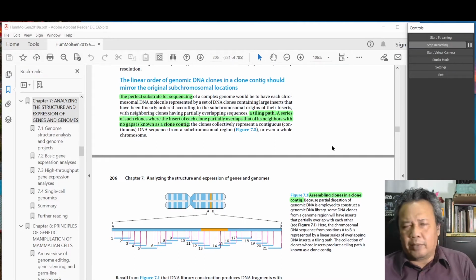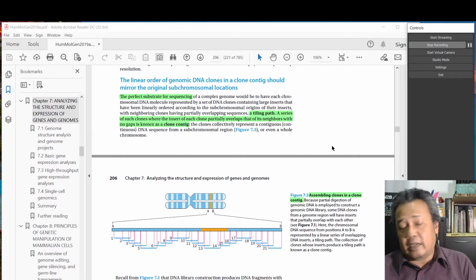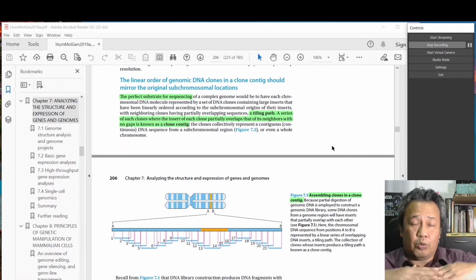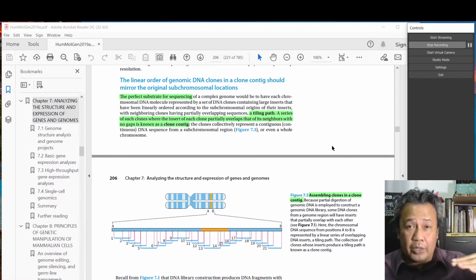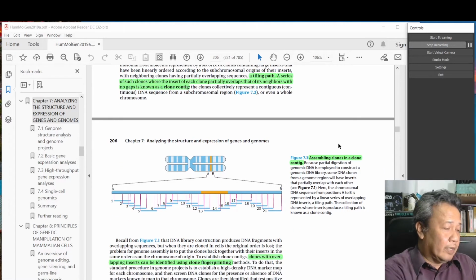Let's just assume that you are able to take one chromosome out, chromosome 7 for argument's sake, and then you are able to chop it up, and then you're able to clone them. But because they are chopped up and all jumbled up, you need to order the clones again, like so, right?